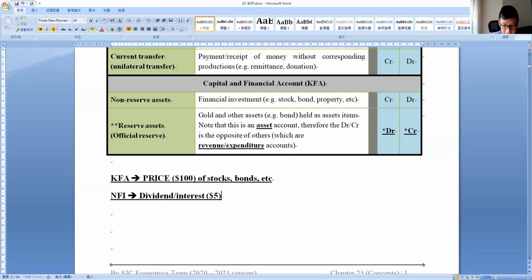Remember, dividend and interest, they are the rewards for lending services. Basically, I lend you money. You need to compensate for my service. So remember, the price of the stock and bonds would be in KFA, but the dividends and the interest of the stock and bond would be counted in net factor income because it is a compensation for the service provided.